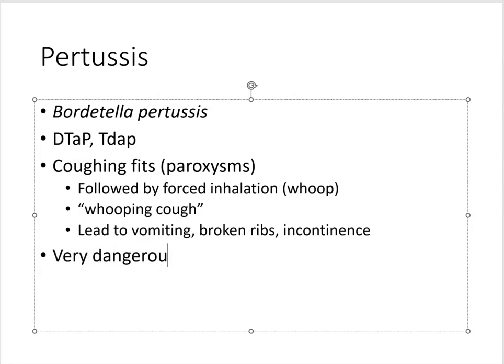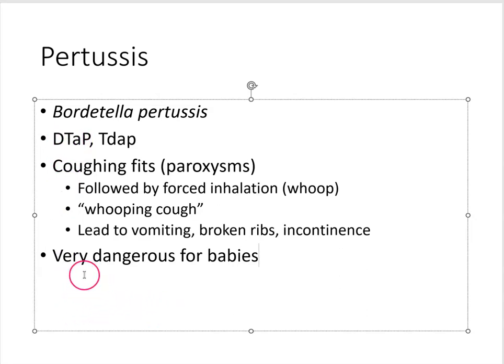Very dangerous for babies, as it can lead to trouble breathing. And so Tdap or DTaP is given to people very early because we want to protect them from diphtheria and pertussis, and we want to protect everyone from tetanus.